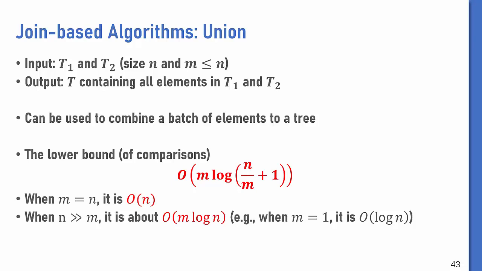When the two trees are of the same size, this bound is linear. When m is much smaller than n, it is about m log n. For example, when m is 1, it is just log n. So no matter whether the two trees have very close or very different sizes, we want our algorithm to behave properly and to achieve optimal work. Okay, to achieve this bound.